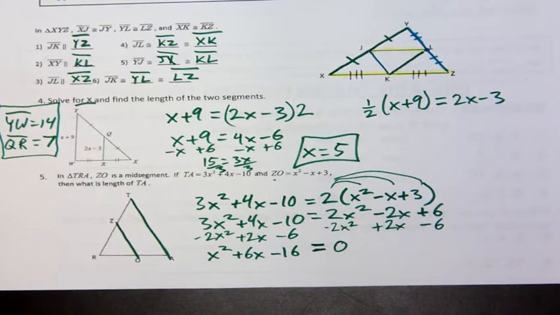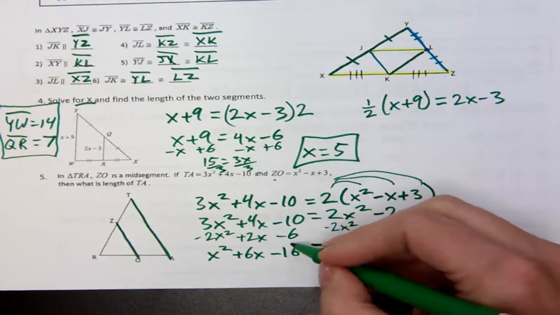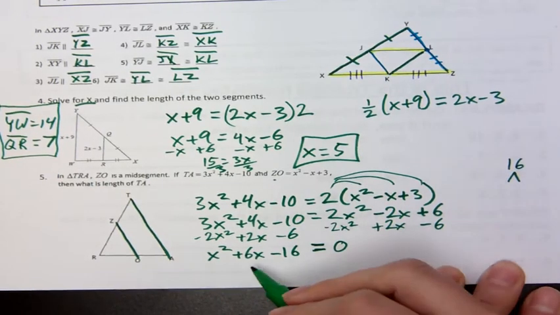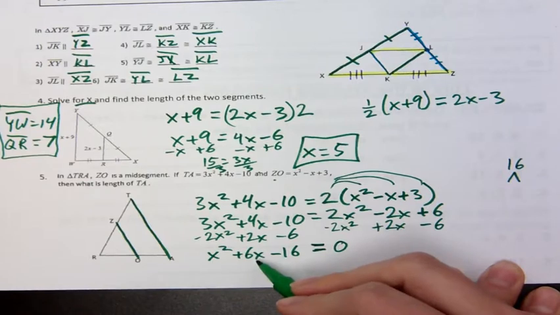What does that factor to? Or do we need to review factoring? So when we factor, remember we take the last term, and we're looking at what multiplies to 16 and adds, or in this case, subtracts to 6.